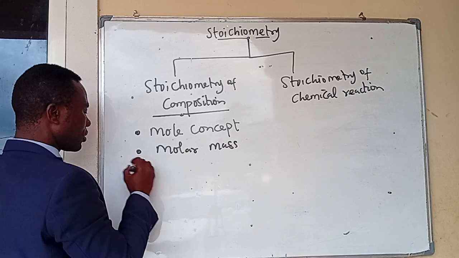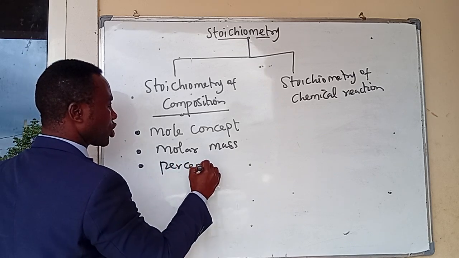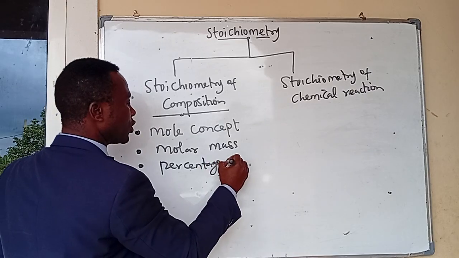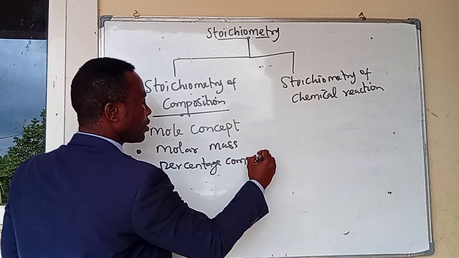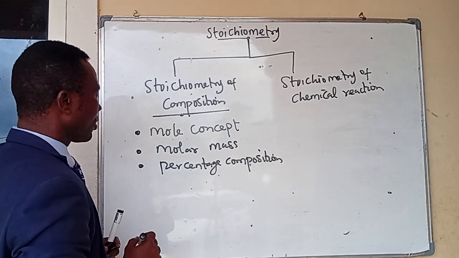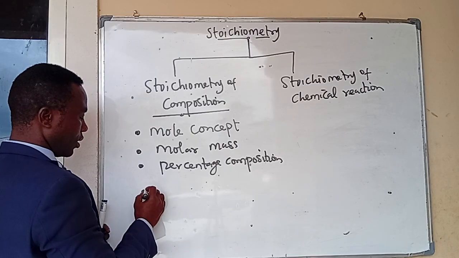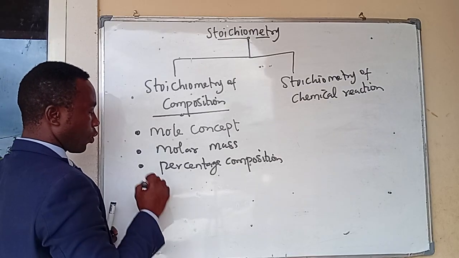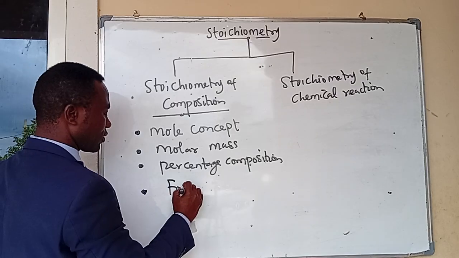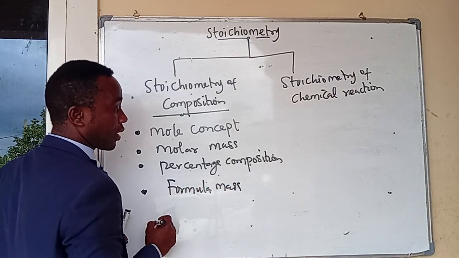We have calculations involving percentage composition. All these calculations, you don't need to balance a chemical equation before you can calculate. Then also we have formula mass. Calculations involving formula mass.